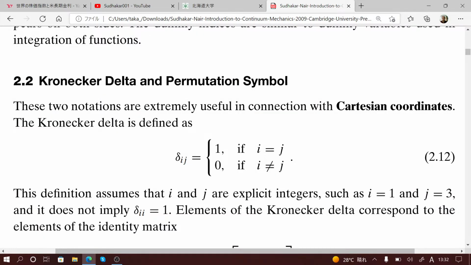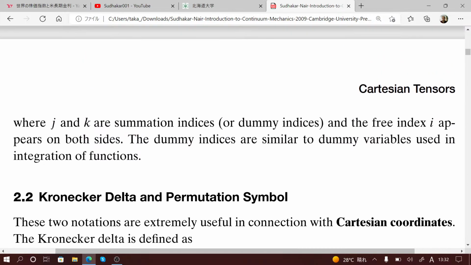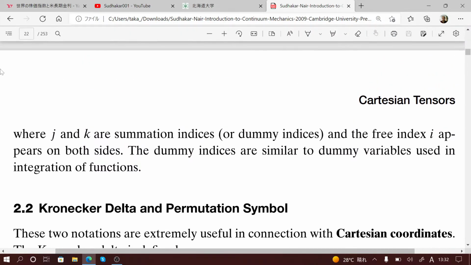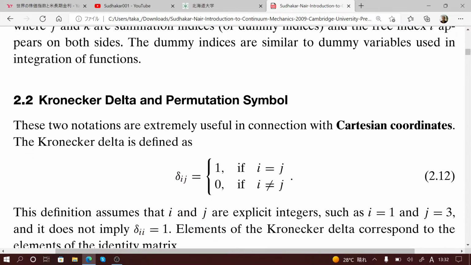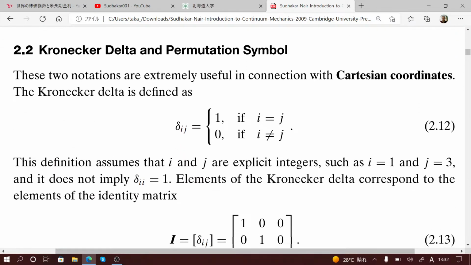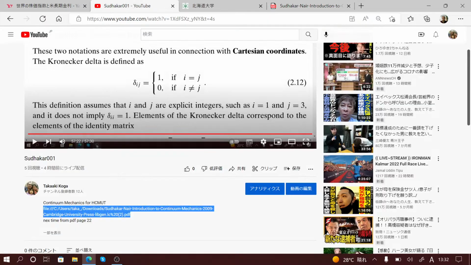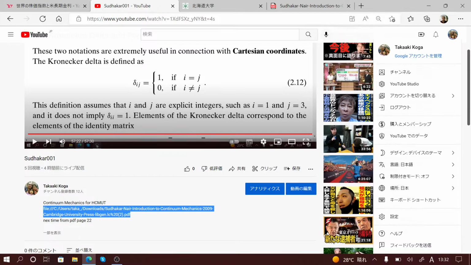Okay, let me start from PDF page. I go by PDF page 22, and this one, 2.2 Kronecker delta and permutation symbols. Let me check this on YouTube.